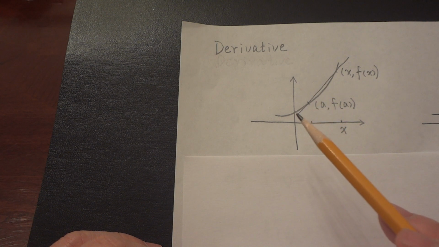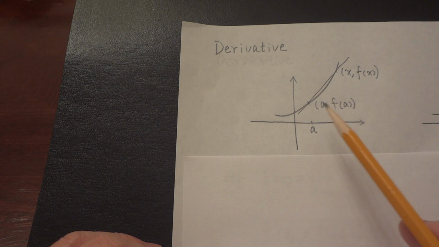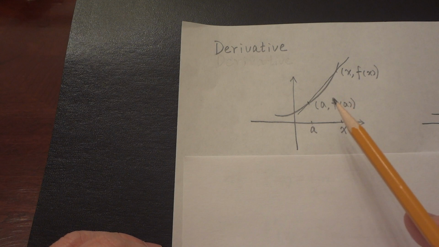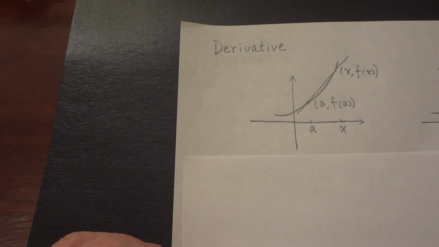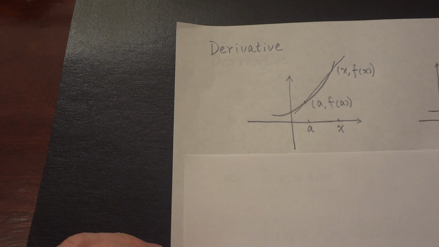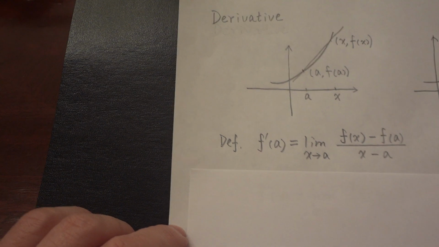Let's compute the slope of the secant line. By the well-known formula for slope, you basically take how much y is increased divided by how much x is increased. In other words, we take f(x) minus f(a) divided by x minus a.